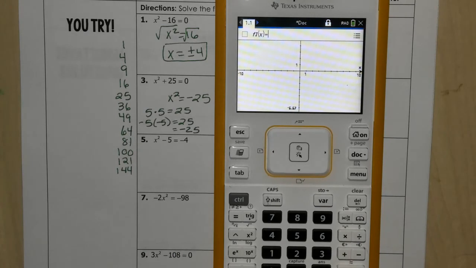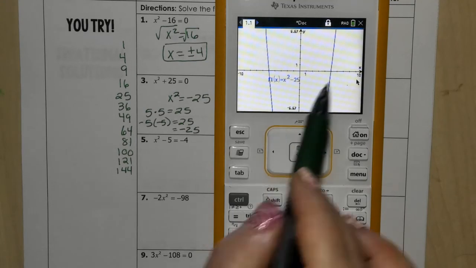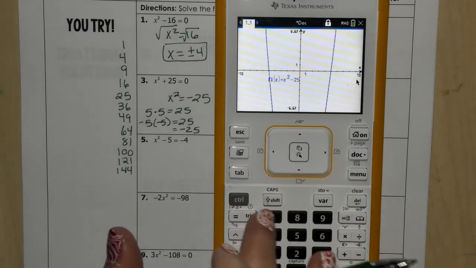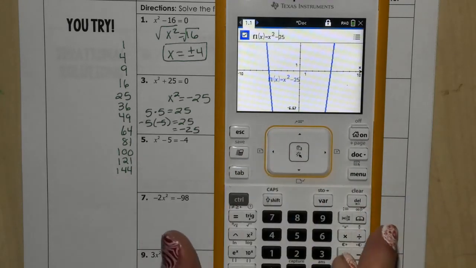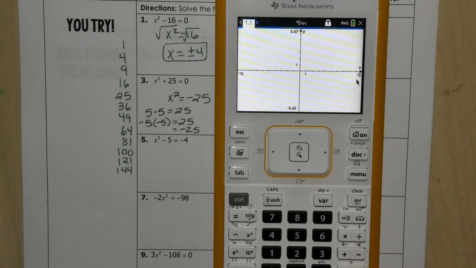We're doing x squared minus 25. Whoa. Oh, it's not x squared minus 25. That actually has two solutions. What did I do wrong? Hit tab, go up. It's x squared plus 25. Enter. Oh, where'd it go?